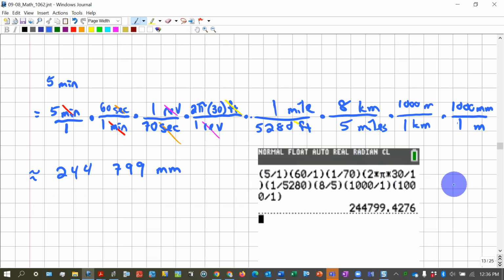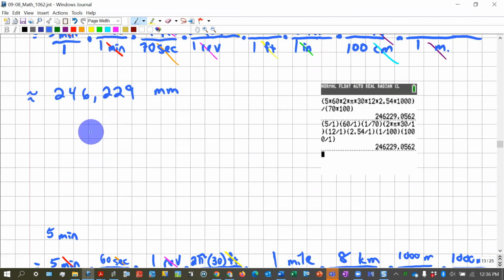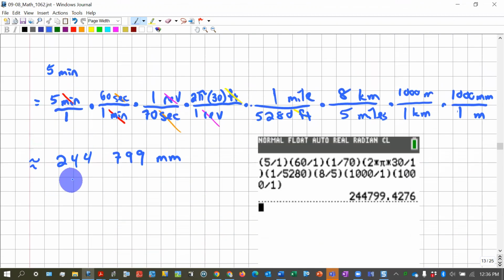Anyway, so no, we were off. Our answer's different than it was before, right? In fact, we don't even agree to 2 digits. But that's because of approximation: when we convert from customary units to metric units, usually those aren't exact.